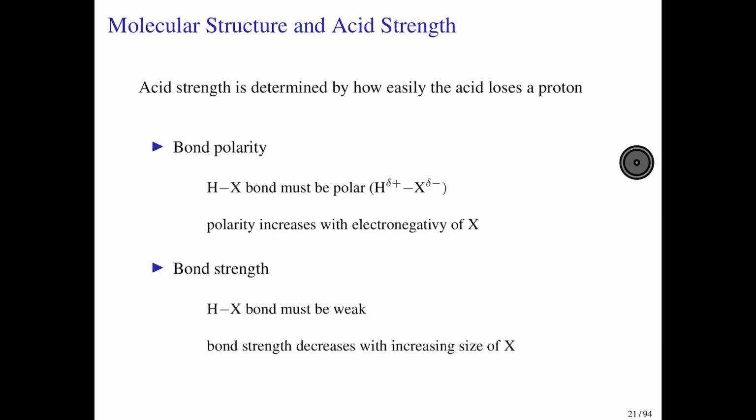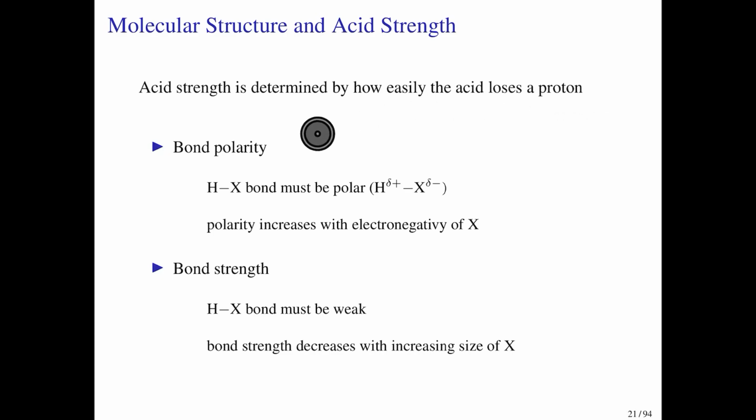Here is the primary rule. Acid strength is essentially determined by how easily an acid loses a proton. So the more easily the acid can lose the proton, the stronger the acid will be. And there are two primary considerations here.